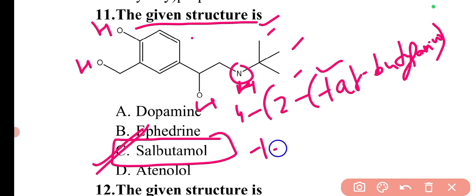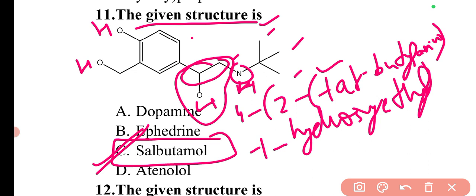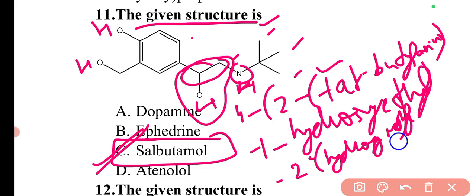Then at the first position we will have a hydroxyethyl. This particular group is a 1-hydroxyethyl group. Then at the second position, we will have a 2-hydroxymethylphenol group.